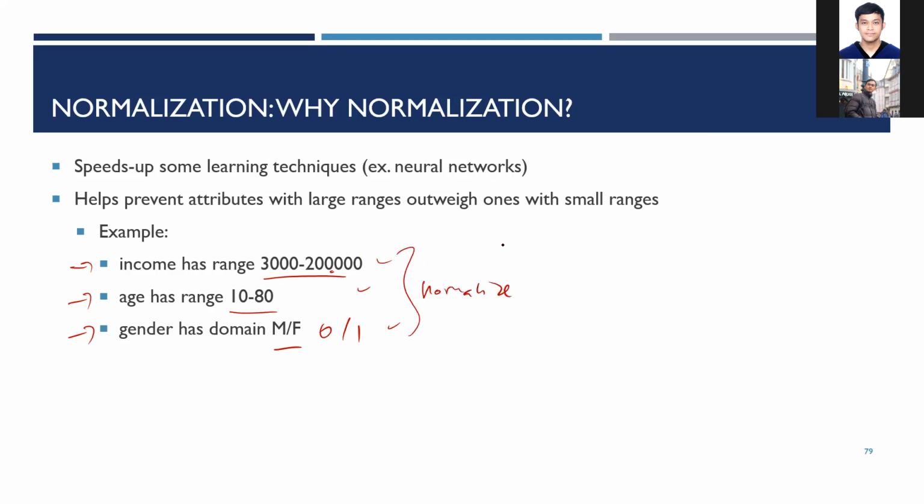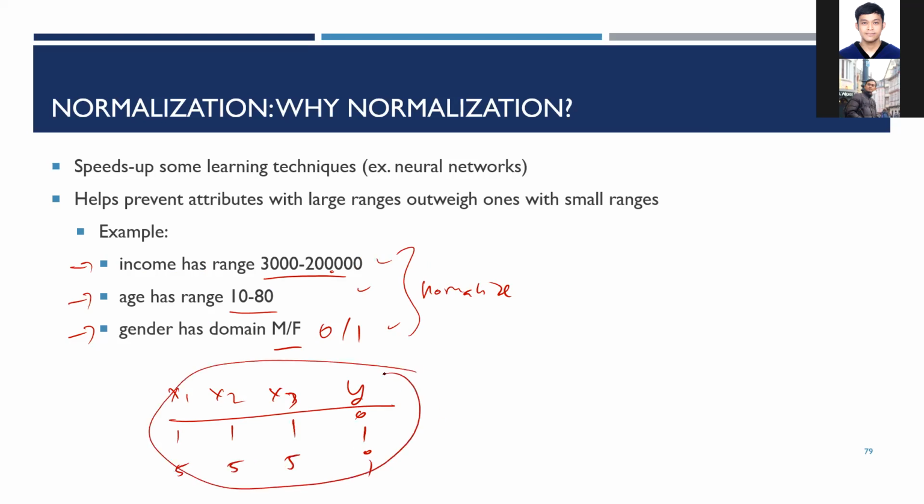But in your data, for example, you have x1, x2, x3, and also the class y as 0 1, and the scale of x1, x2, x3 is only 1 to 5. So this is okay, no need for normalization. Why?